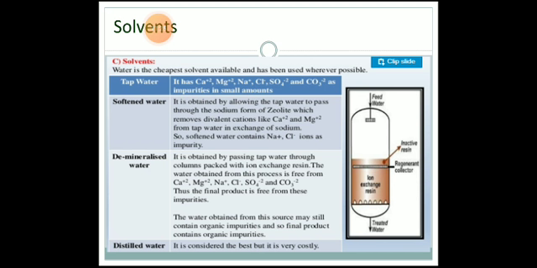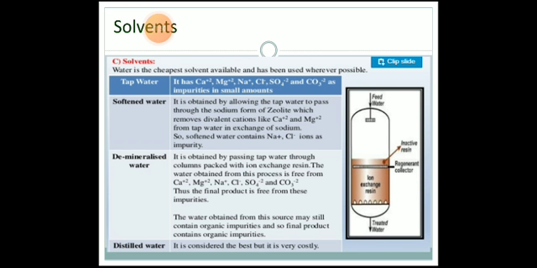Tap water contains impurities in small amounts. Softened water is obtained by allowing tap water to pass through the sodium form of zeolite, which removes divalent cations like calcium and magnesium.